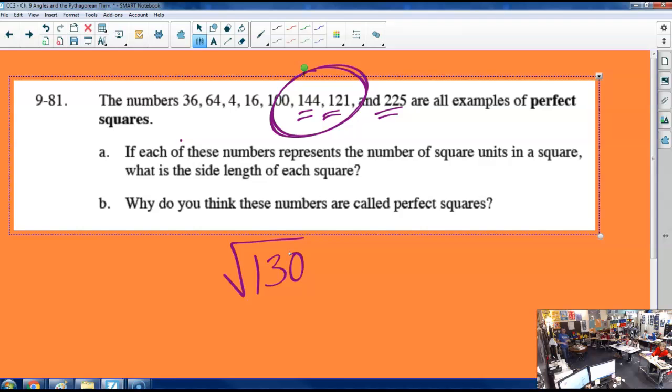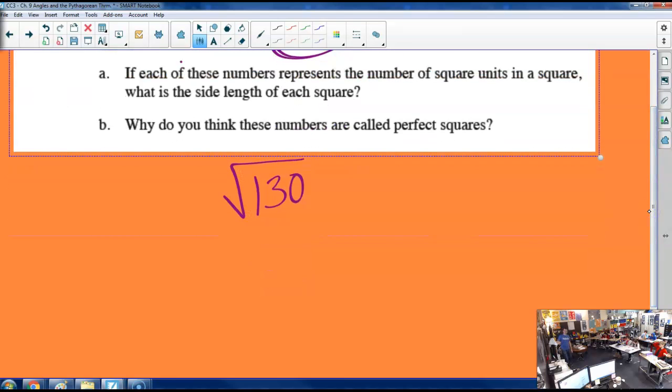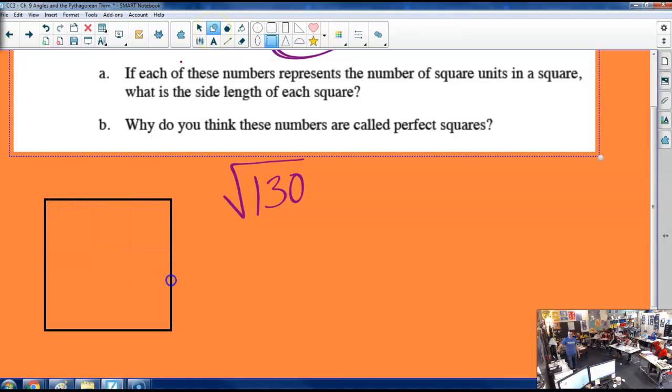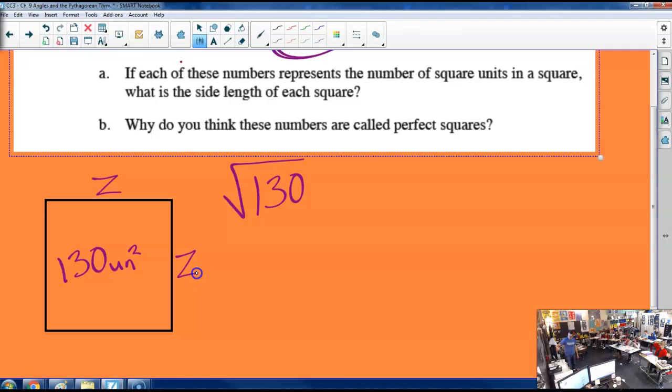Now, the square root of 130 is not a perfect square. So the idea we can think about is if we have a square that has an area of 130 units squared, what we are trying to solve is its side length, which I'm going to call Z because my S's look like 5s.